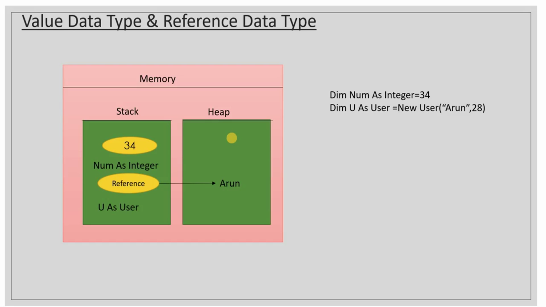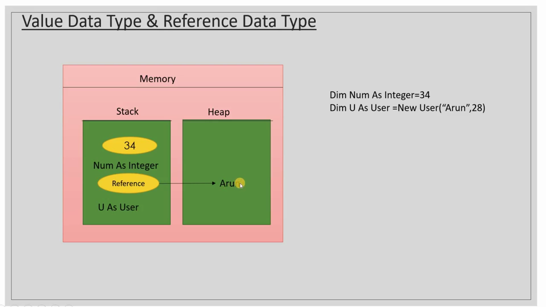You can see here num is a value data type that is stored in stack. And u is a reference data type; the reference is stored in stack but the actual data, the actual object, is found in heap.